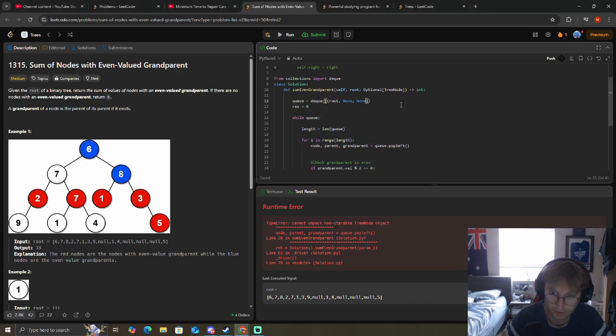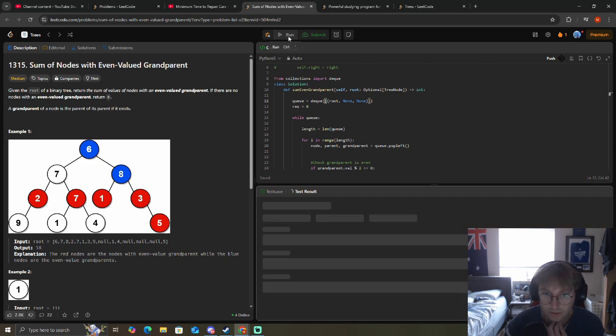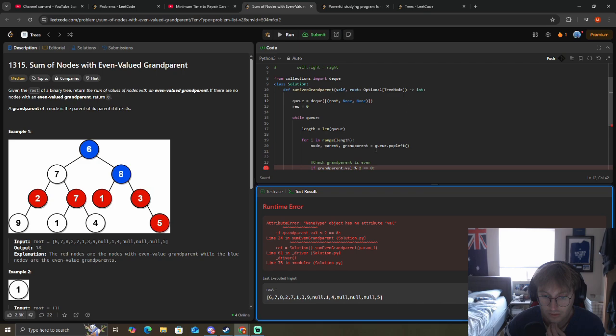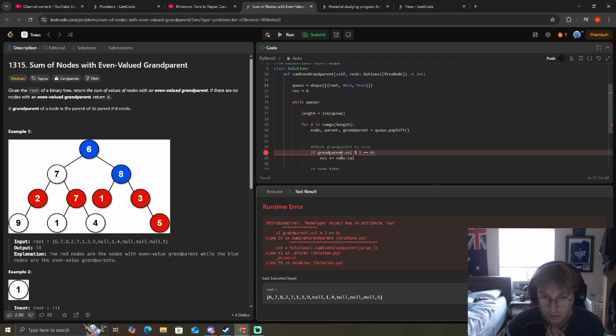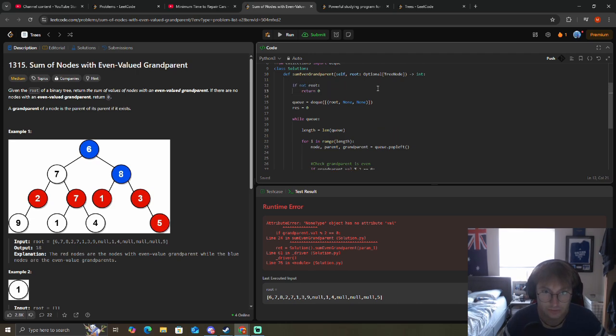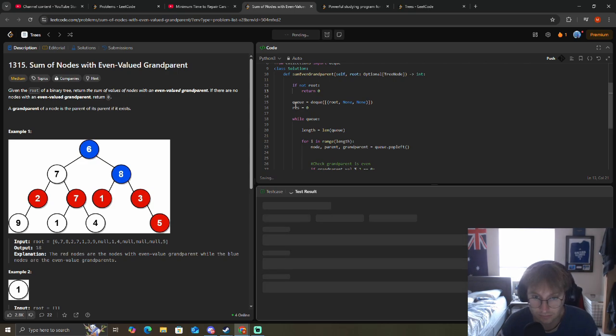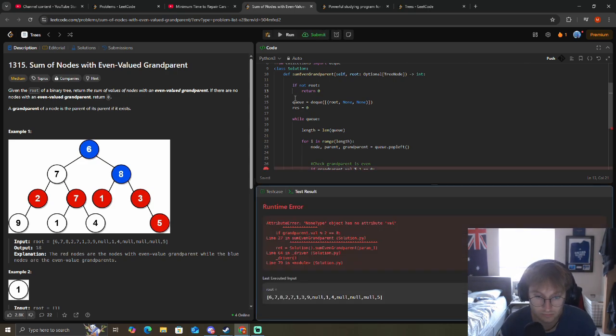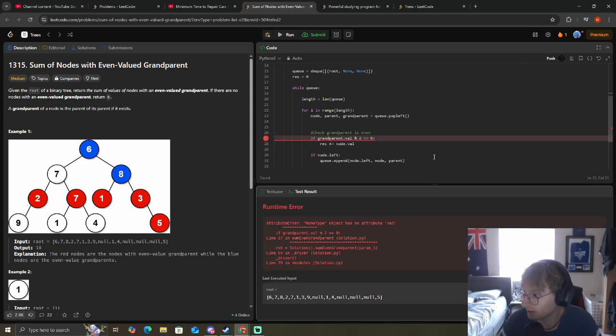I think I gotta add an extra thing to make it a tuple. Has no attribute val. Okay. If not root, return 0. No attribute val.